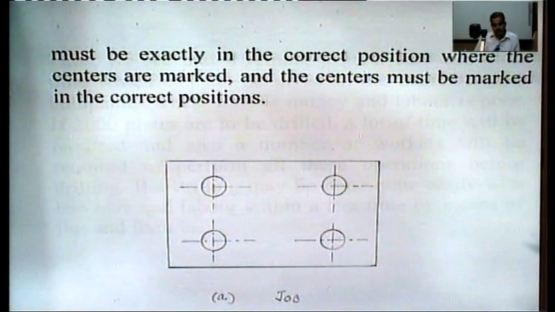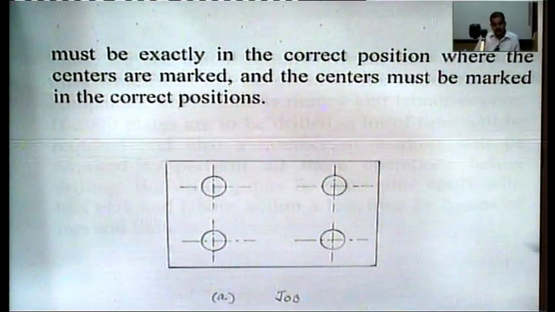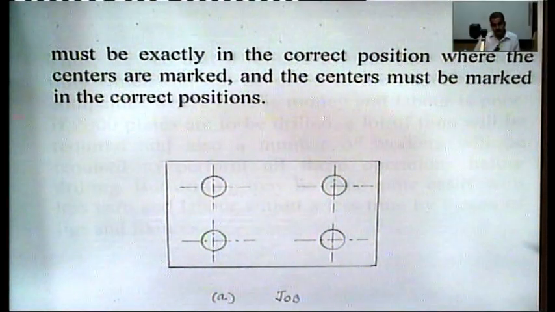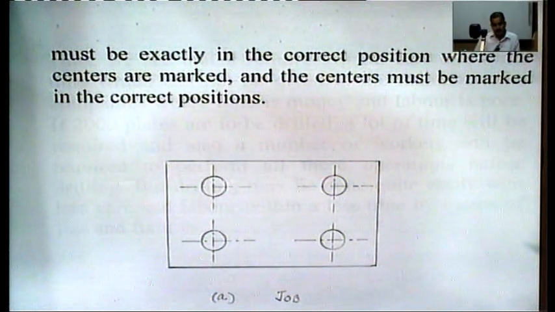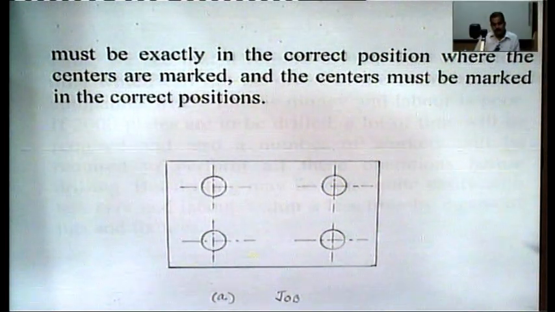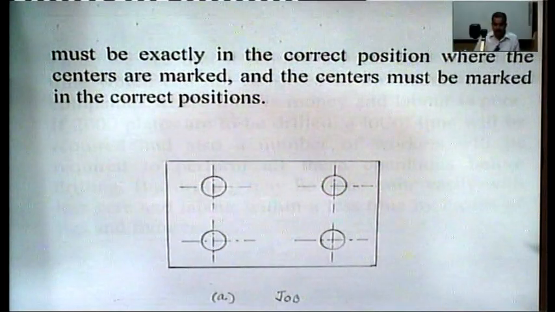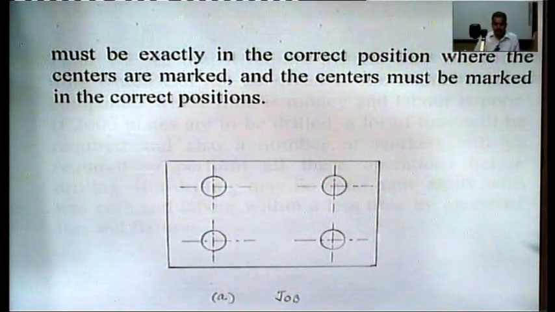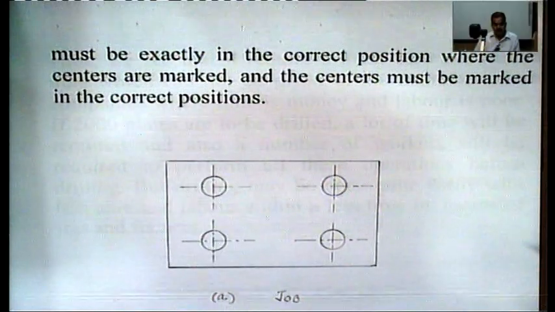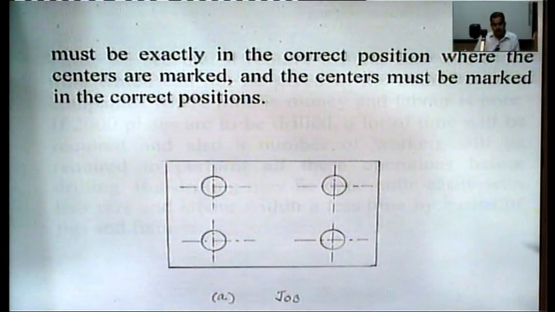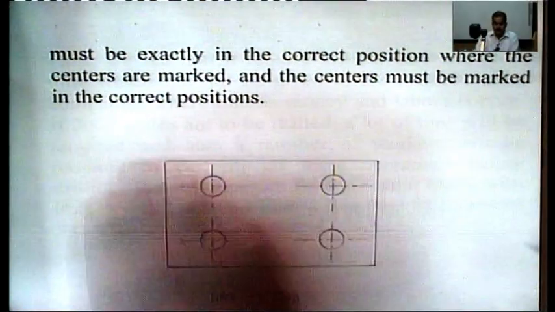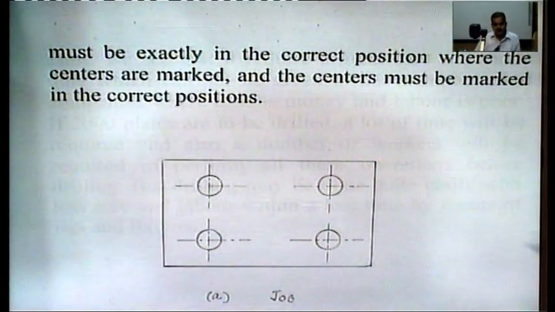As you can see on your monitor, we have a figure of a job in which 4 holes are to be drilled. So what we do in this case, when we do not use jigs and fixtures and we are to drill 4 holes in a plate, first of all, we apply a solution of chalk on one side of the workpiece.